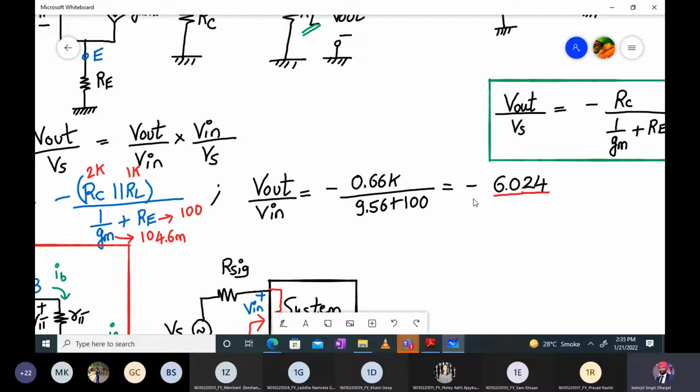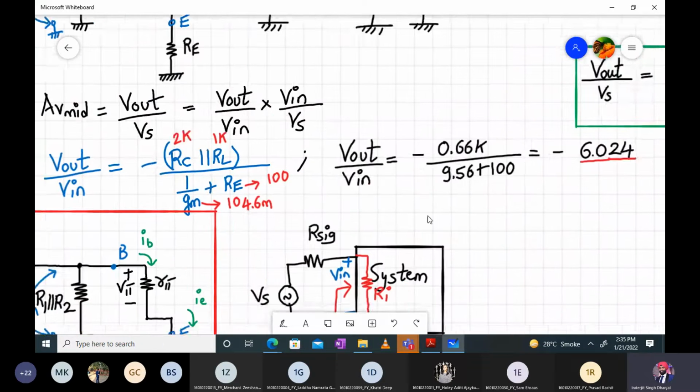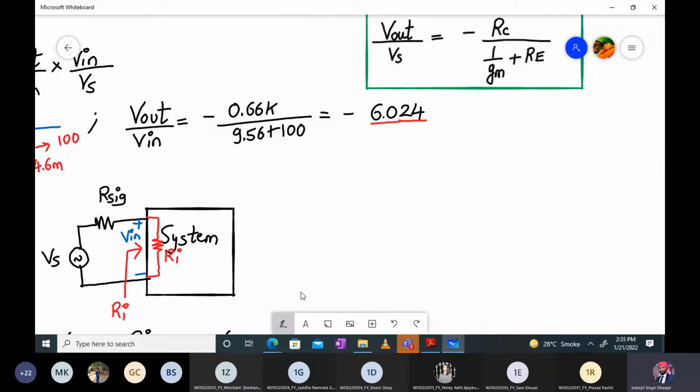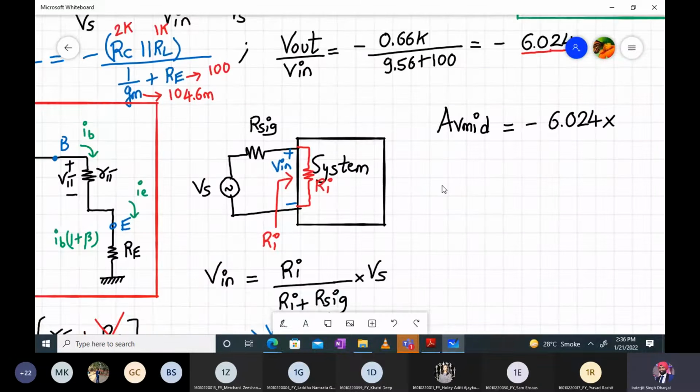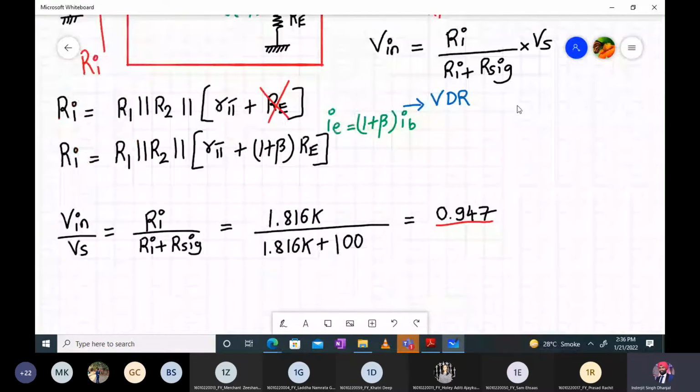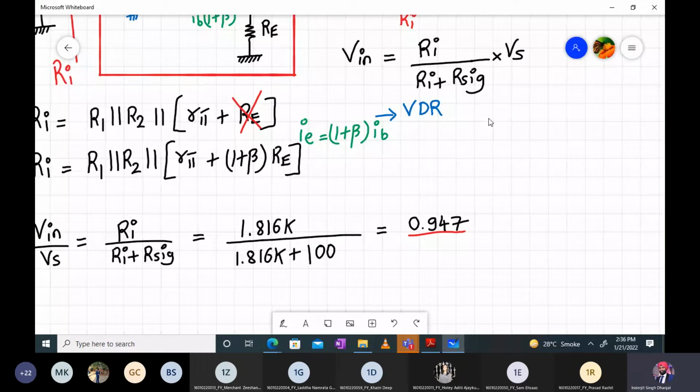Now if I have to calculate next the total Av mid, how do I do that? My Av mid will be minus 6.024 into Vin upon Vs. What is Vin upon Vs over here? 0.947.